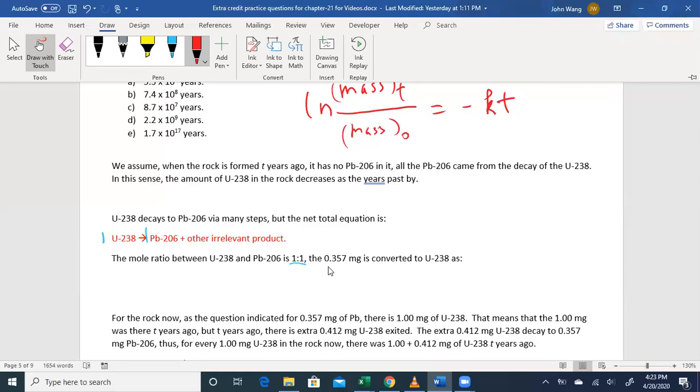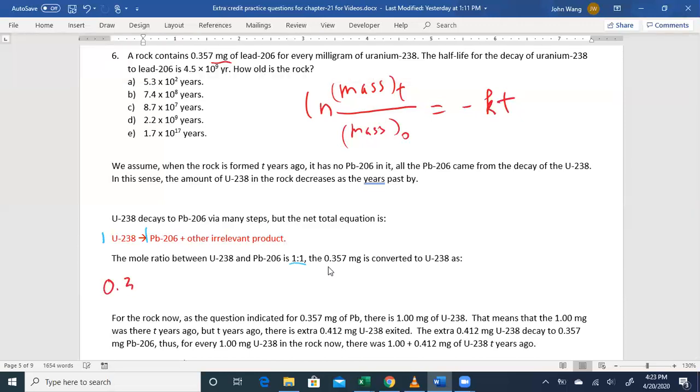So you can start by writing 0.357 milligram of lead-206. Our typical stoichiometry calculation converts from gram to mole, then from mole to mole, then from mole to gram, then to milligram. Let's see. You first want to use 1 gram is 1,000 milligram.